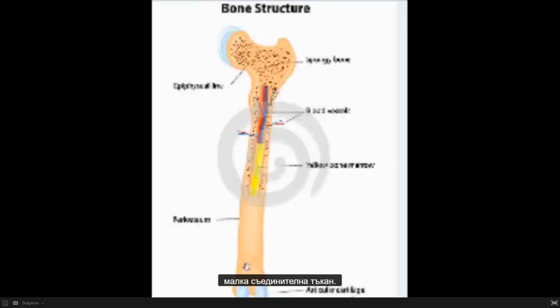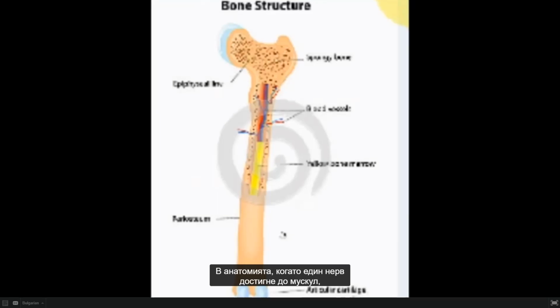It is a tiny, partially connective tissue which covers each one of the 270 bones. The periosteum is full of nerves and nerve buttons.